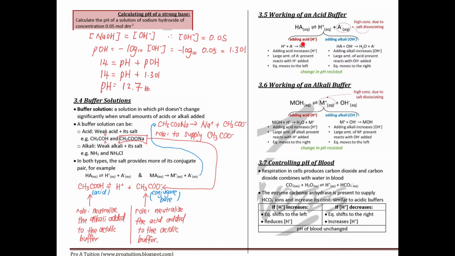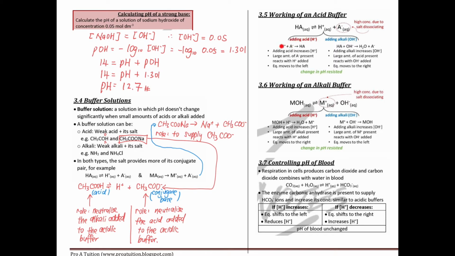So if you add acid to the acidic buffer, then the conjugate base is going to neutralize it. The equation you should write: the acid added is H plus, the conjugate base that neutralizes it is A minus.